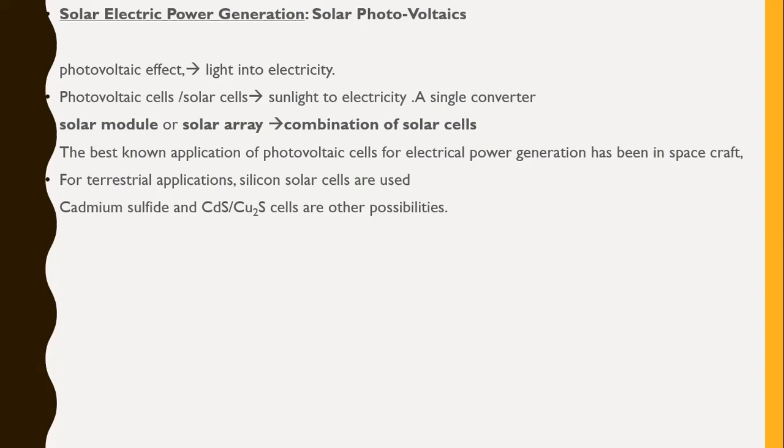At these places we cannot have power lines, so to overcome the disadvantages of power lines, we use photovoltaic cells.